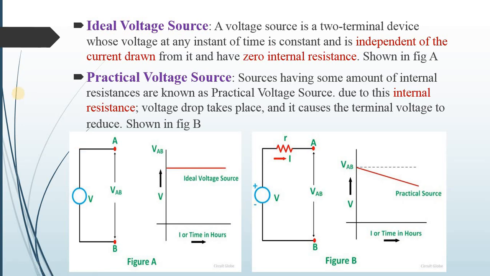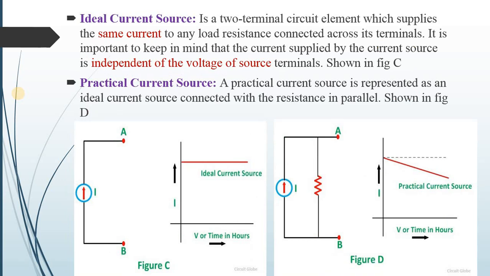We will see current sources. Similarly, an ideal current source is a two-terminal circuit element which supplies the same current to any load resistance connected across its terminals. It is important to keep in mind that the current supplied by the current source is independent of the voltage across the source terminals.